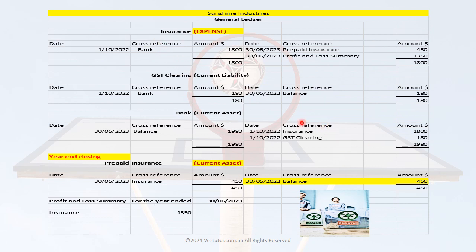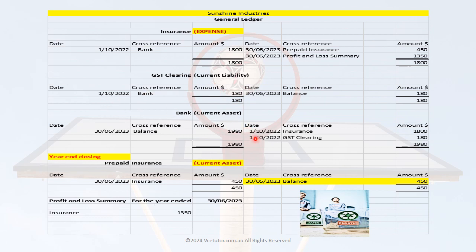In a manual ledger, the page numbers has been having a difficulty to turn the pages and go on. But in computerized these days, we don't have much issues of turning the pages, but we still need to have cross-referencing to show which account is affected or in which other account you can see the same amount.